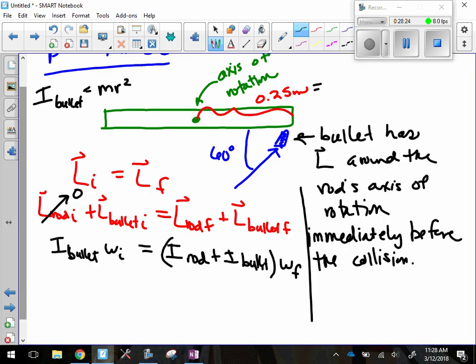In this case, r will be 0.25 meters, because that's the distance between where the bullet is and where the axis of rotation is, because we're talking about that instant right before the collision. Well, I do have to talk about what I'm going to do about v i, but remember that v i is going at that angle.